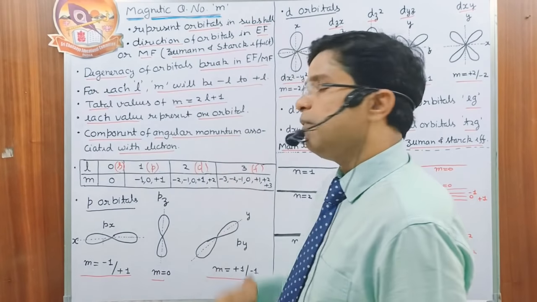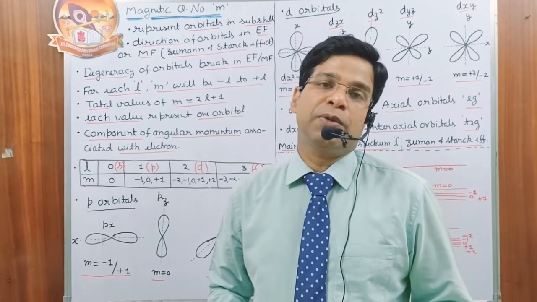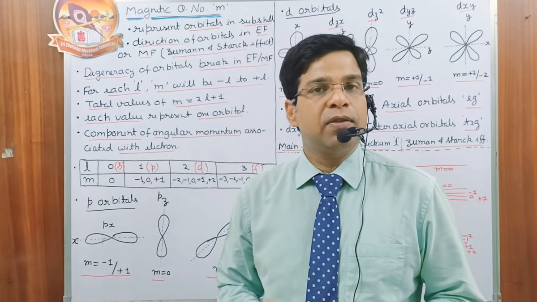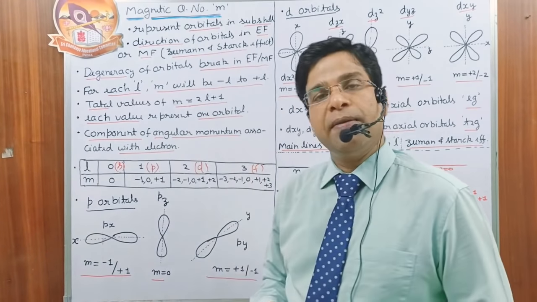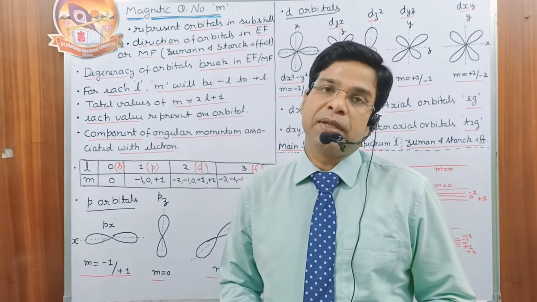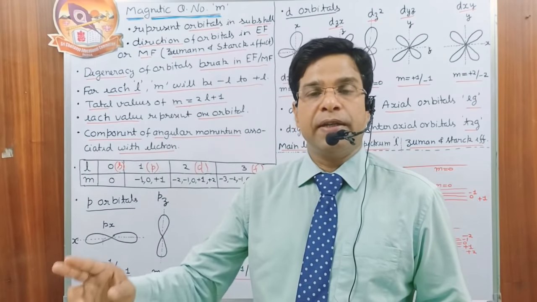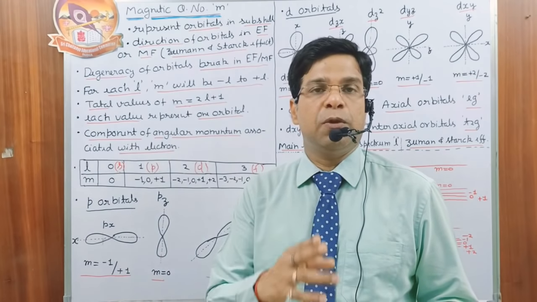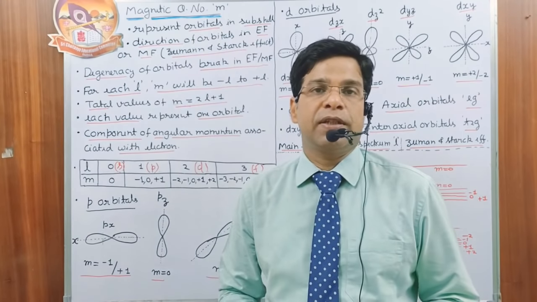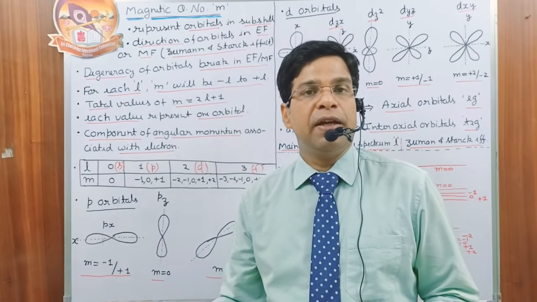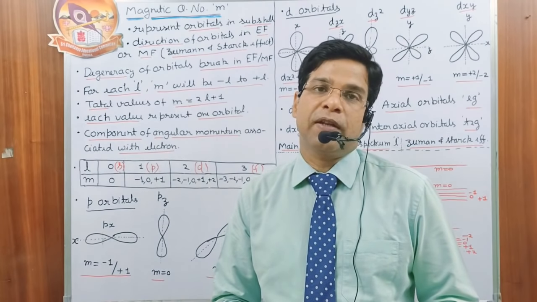Then if L is equal to 3, it always represents the F subshell. In the F subshell, how many orbitals are possible? 7 orbitals: -3, -2, -1, 0, +1, +2 and +3. Each value of M represents one orbital.